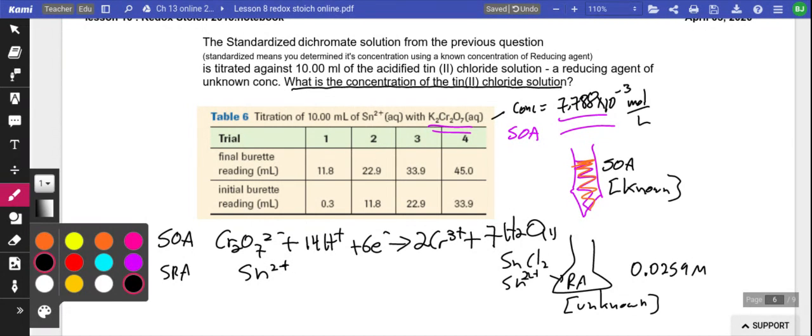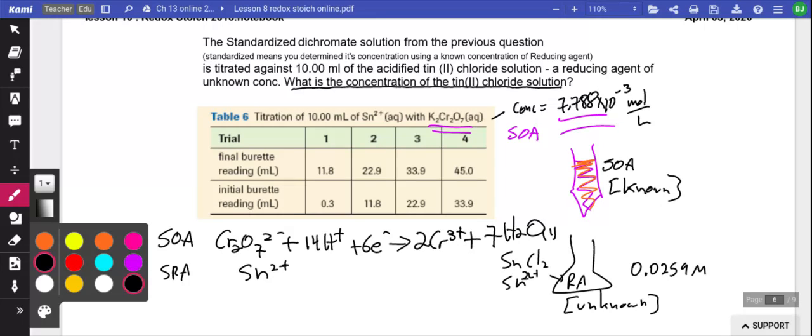If you go look it up on the table of relative strengths in the reducing agent column, tin 2 plus is not jumping out at me. Why not? Tin 2 plus should be... okay, I'm not seeing it, but that's okay because I can build it myself.